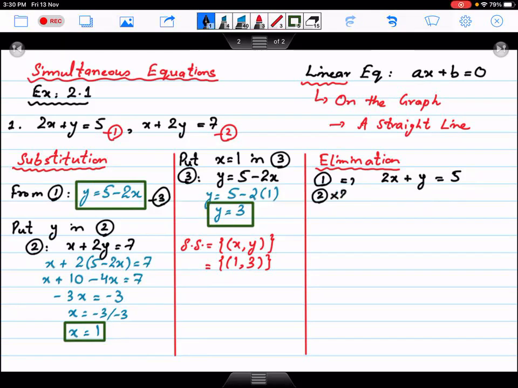If I multiply the equation 2 with 2, it should become 2x plus 4y is equals to 14. Any problem in that? What I have done is multiply equation 2 with the number 2. You can see that x becomes 2x, 2y becomes 4y, 7 becomes 14. And why have I done this? Because I want the coefficient of the x variable to be the same. Are you getting me?